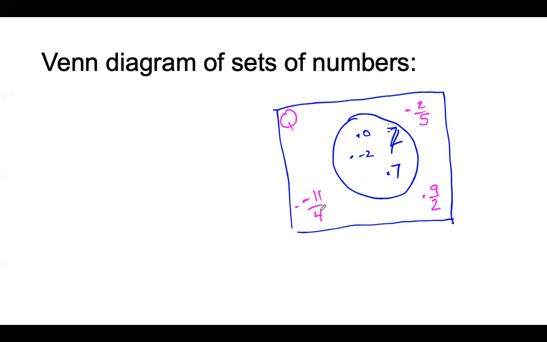And these are rational numbers. But an integer is also, why did I draw the circle inside the rational numbers? Well, an integer is a rational number. Like 7/1 is also rational. So it's in the set of those numbers.